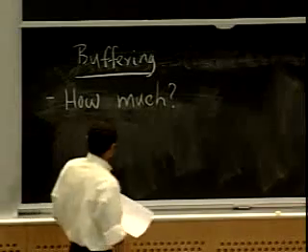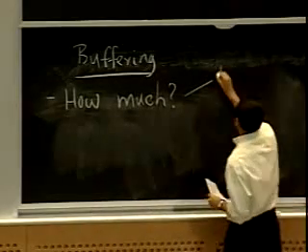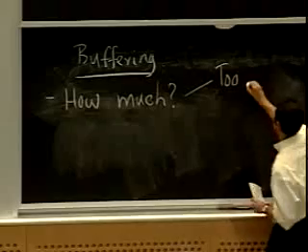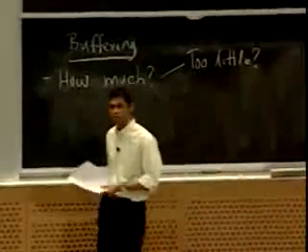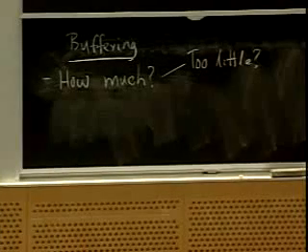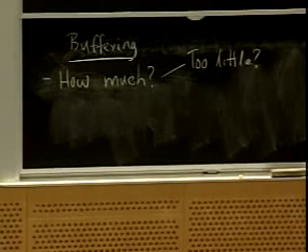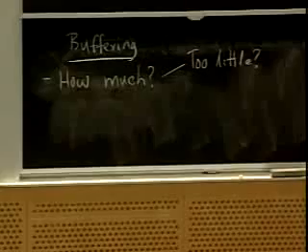One way to answer the question of how much is to first ask, what happens if it's too little? What happens if the buffering is too little in a switch? Like you put 1 packet or 2 packets of buffering, what happens?